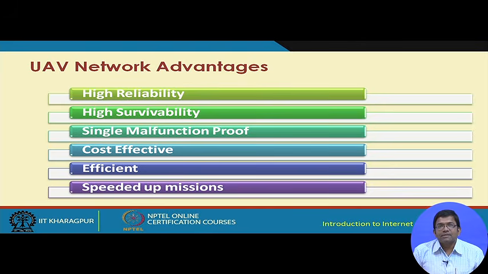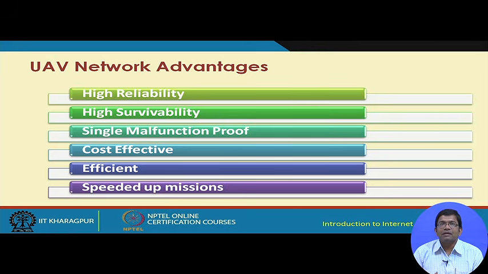Cost effectiveness: in fact, unlike what would normally be believed, these UAV networks are cost effective. Although initially we are going to buy a couple of these UAVs, not one, they can accomplish a mission much more efficiently compared to a single UAV.